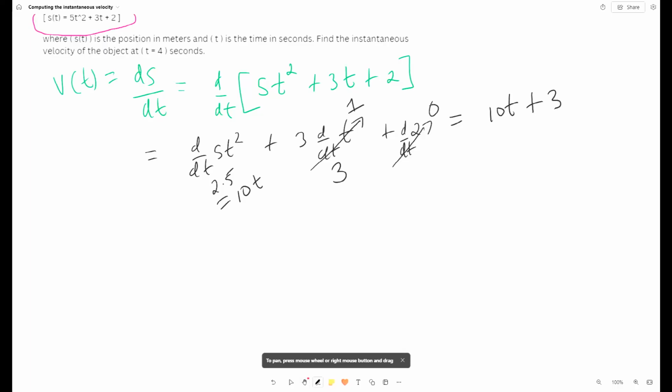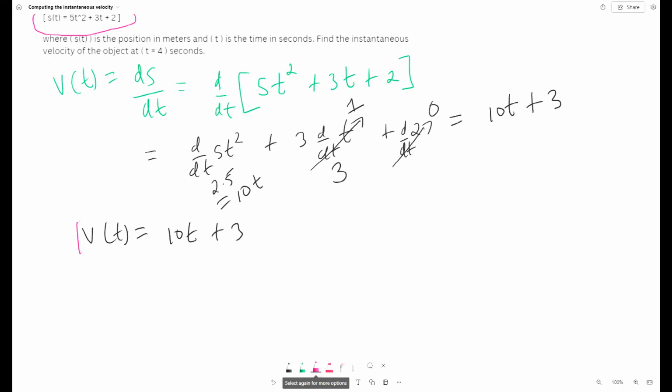Okay, so now we have the velocity function. V of t is equal to 10t plus 3. That's the first thing. And we need to find the instantaneous velocity at t equals 4. So all we need to do is plug in t equals 4.